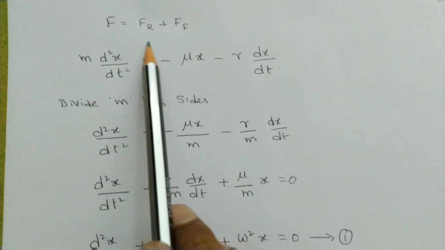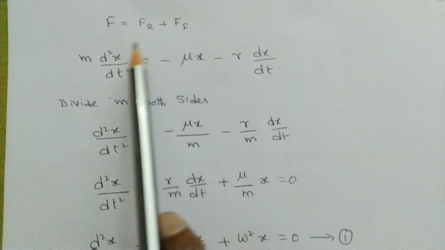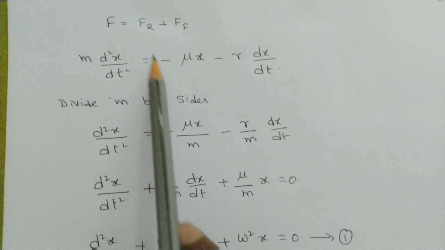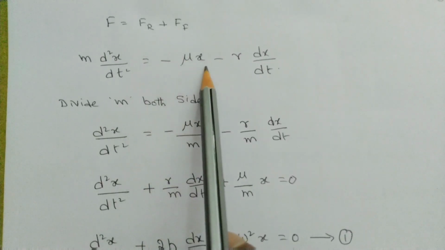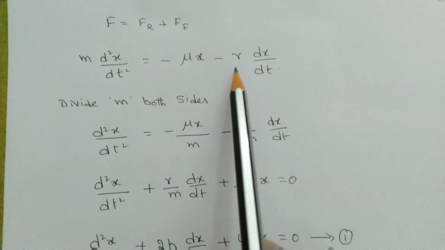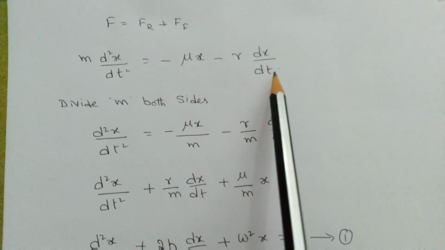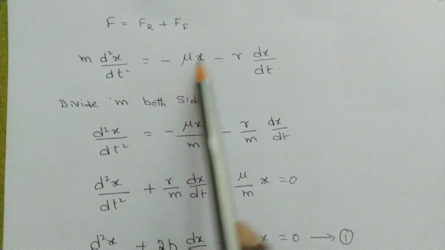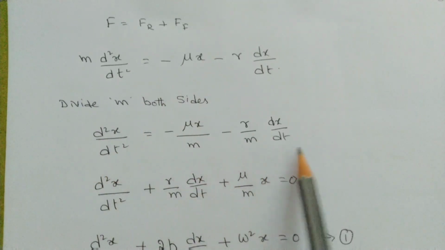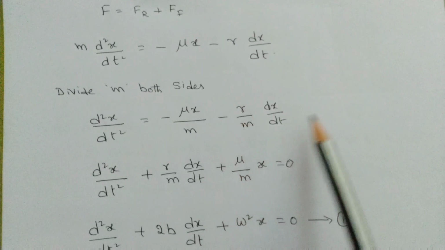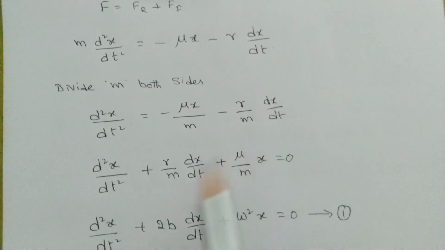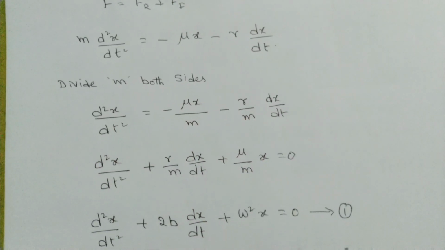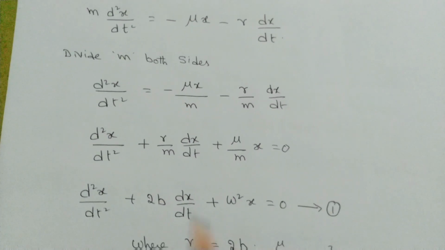Now substitute the corresponding values of these terms. F is equal to m into d square x by dt square, equal to the restoring force minus mu into x, plus the frictional force minus r into dx by dt. Now divide by m on both sides, then take these terms to the left hand side, and we get positive values.